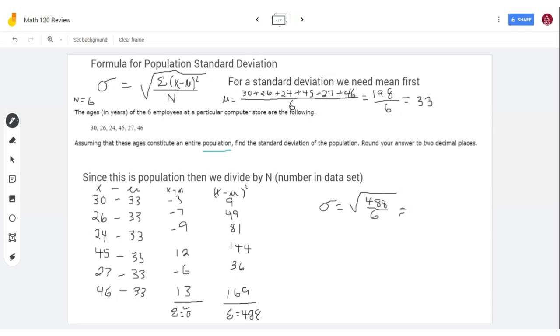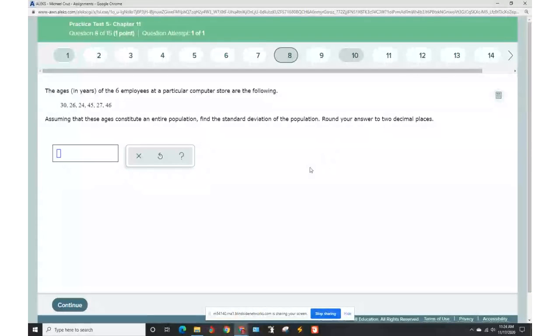Actually, you know something, let me share the whole screen. I probably ought to get in the habit of doing this more, so I don't have to keep going back and forth. All right, so this has got that little calculator on here.